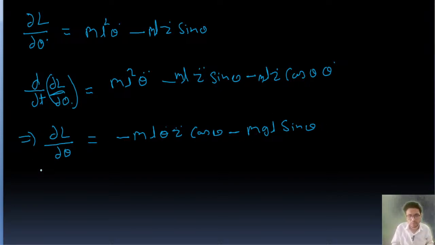Now we know the equation of motion, right? The equation of motion is this one: d upon dt of del L upon del theta dot, minus del L upon del theta, equal to 0.